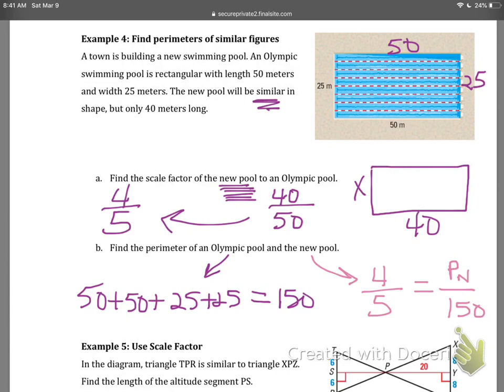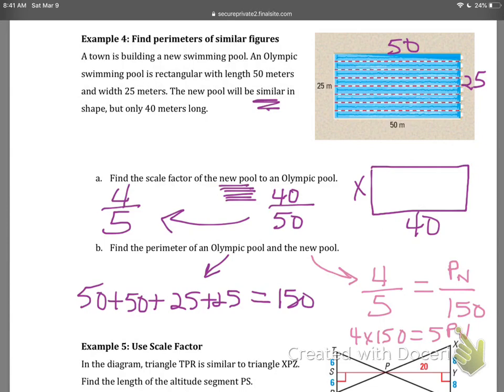And remember, it's going to have the same scale factor, so there's no reason to do all that math. You can go ahead and use the scale factors. So say 4 times 150 has to equal 5 times this perimeter new, and do that on your calculator.